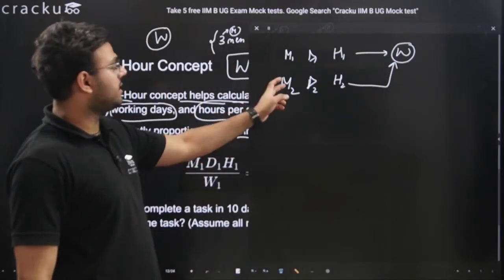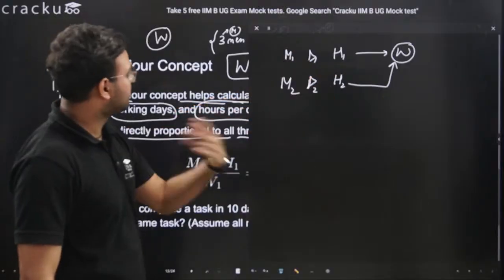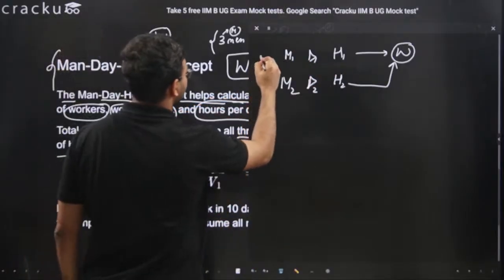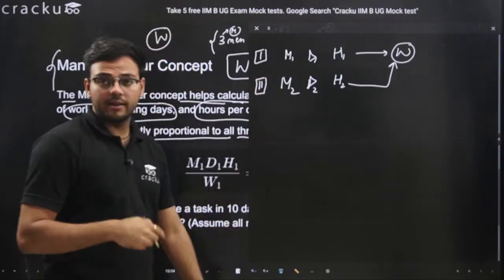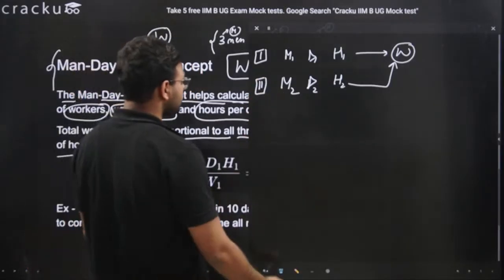These are different values: M1 is not equal to M2, D1 not equal to D2, and H1 not equal to H2. So M1 men, D1 days, H1 hours is the first case, and in the second case, M2 men, D2 days, and H2 hours.